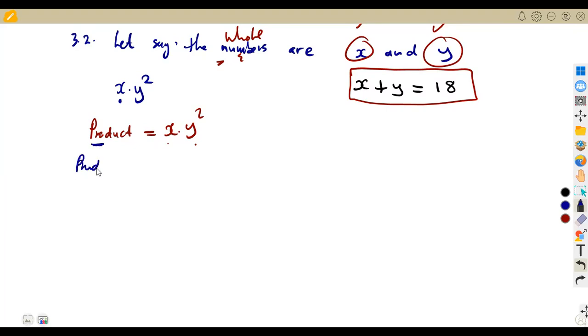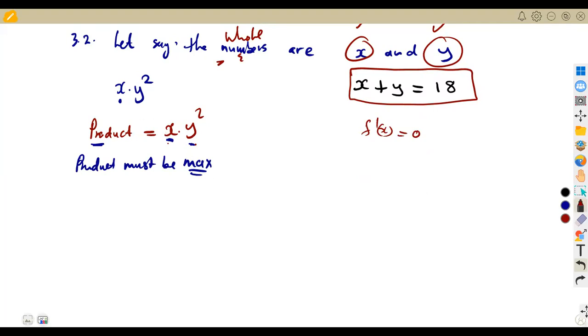They are saying this product must be maximum. So what is the condition that will make this product a maximum? As we can see, our product is in terms of x and in terms of y. So in order for us to have a maximum value, if we have a function of x, the derivative of that function is equal to 0, just like the turning points.